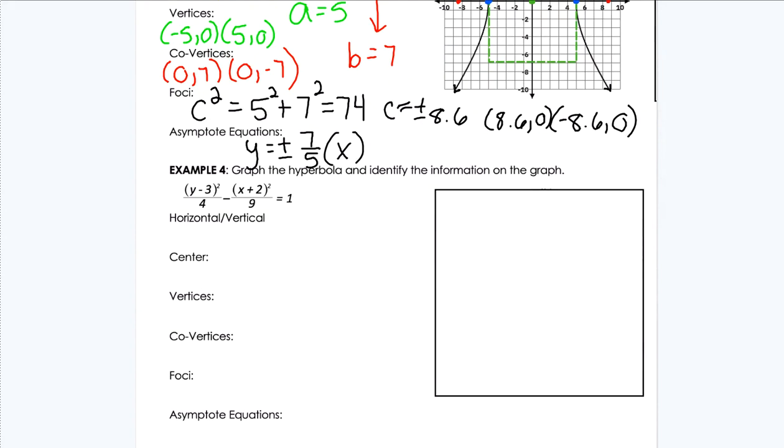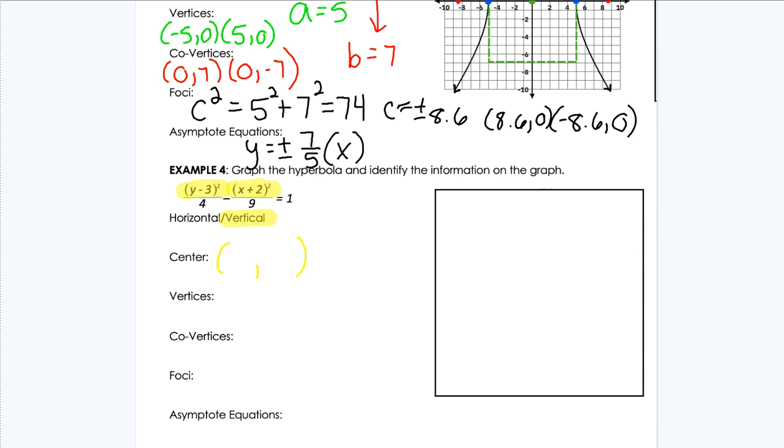In this example, I can see up here in my equation that, first of all, my equation starts with y minus 3, and that tells me that this is a vertically oriented hyperbola. I can also use those values to identify my center.